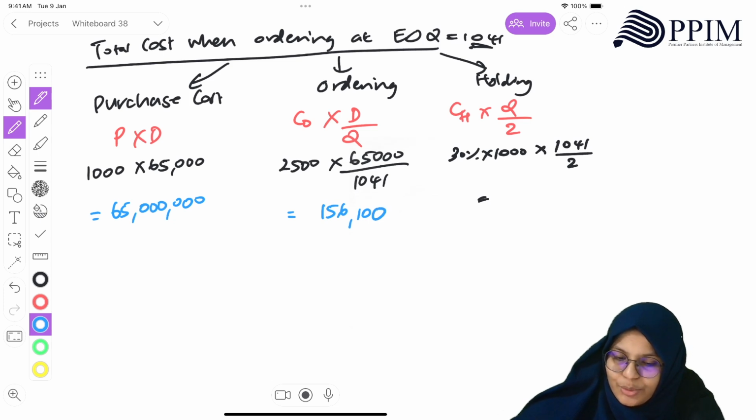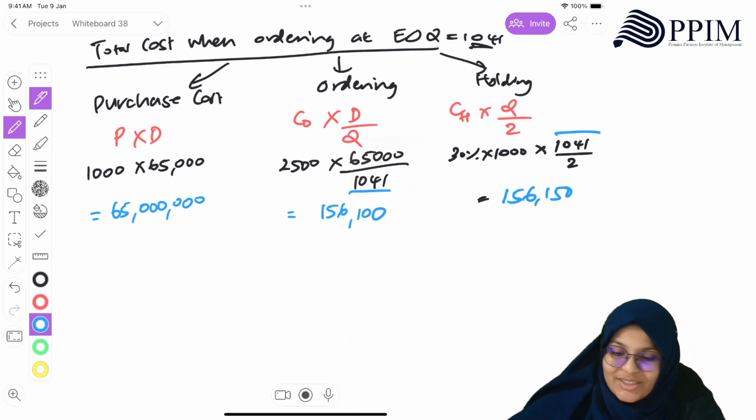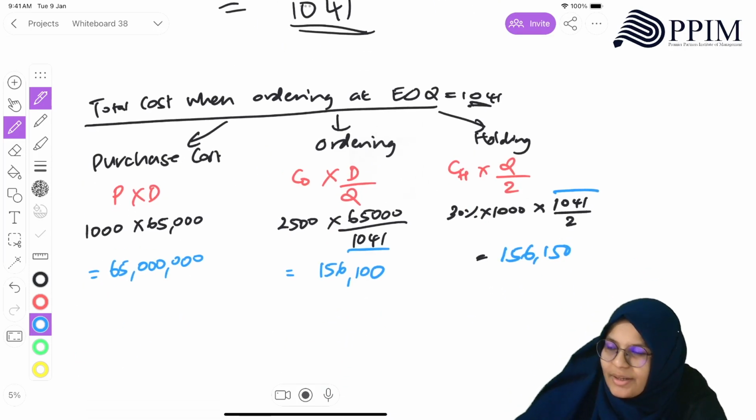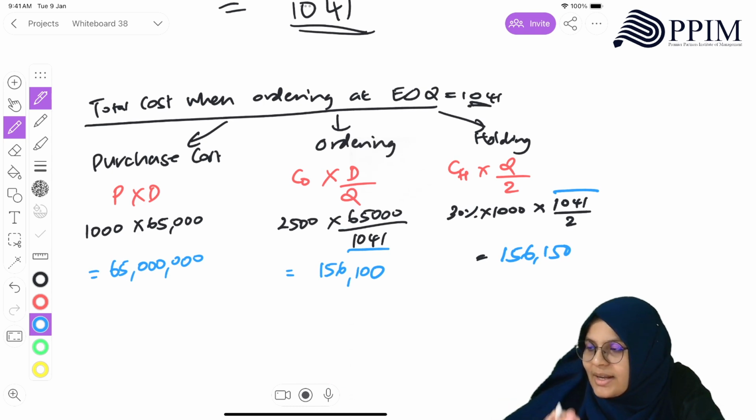Usually at the EOQ, the ordering and holding costs will be equal to each other. Here there is a small discrepancy, right? It's 156,150. The reason for that is because this 1041 is a rounded figure. If you use the exact figure 1040.83, then both ordering and holding will be equal. Here because we are using the rounded figure, it's not equal. Doesn't matter because in the question they told us to round it.